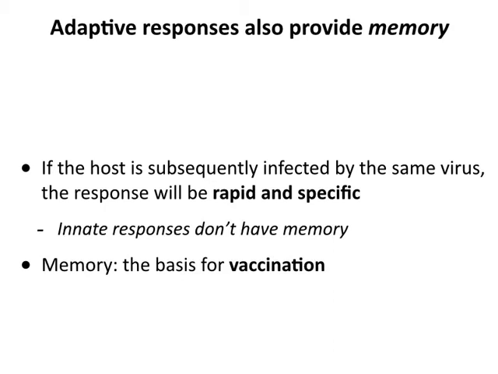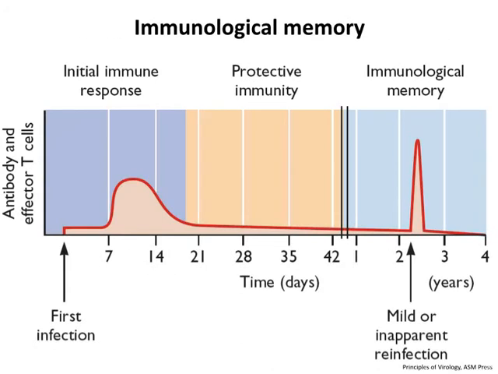But of course, I've told you how some viruses get around that, even get around memory. So even though this is a powerful feature, it can be evaded. And this is the basis for vaccination, of course. You get immunized once, and then you have a memory to that experience, which will protect you for hopefully the rest of your life. So here is immunological memory diagrammed.